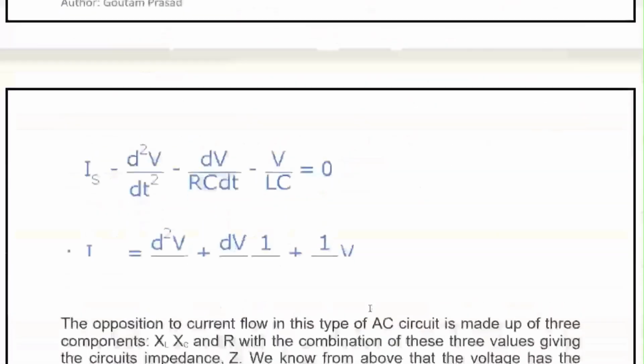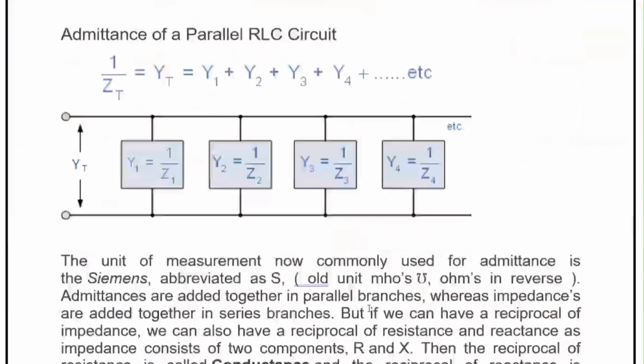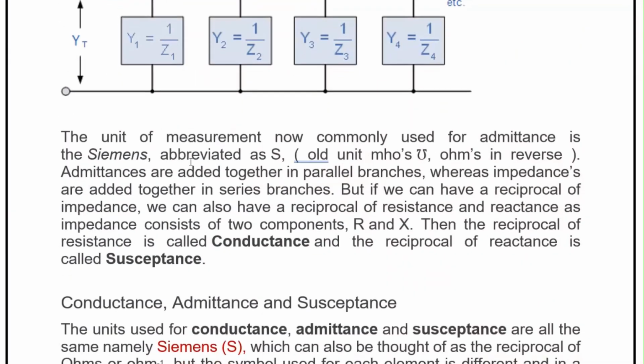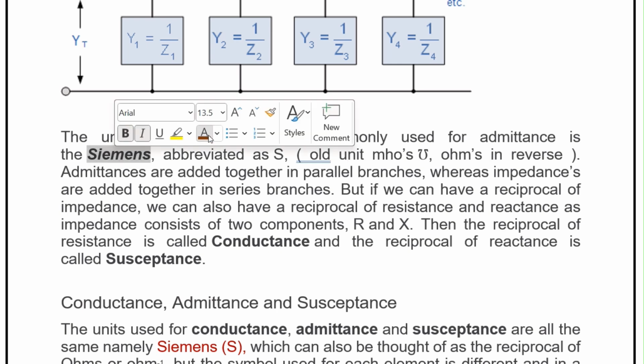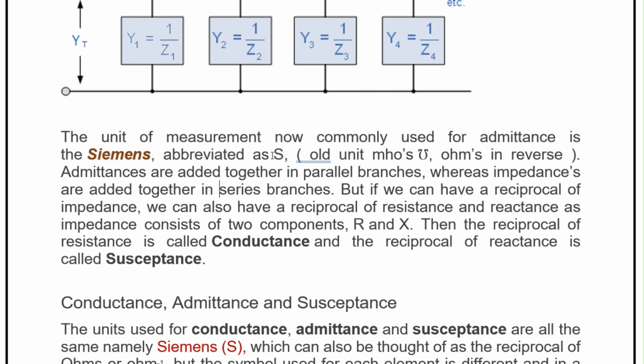That is what it is showing in this calculation. The unit of measurement of admittance is commonly the Siemens. This is very noteworthy: admittance is measured in Siemens and is abbreviated as S.